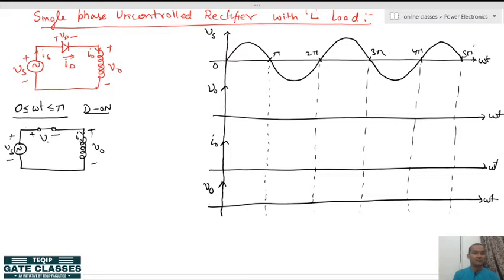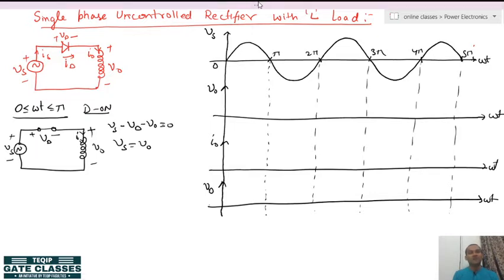Now we have drawn the modified circuit, so we apply the circuit equations. Writing the circuit equation, we get Vs minus Vd minus V naught equal to 0. Since the diode is on and short circuited, Vs is equal to V naught, meaning the load is in parallel with the source.